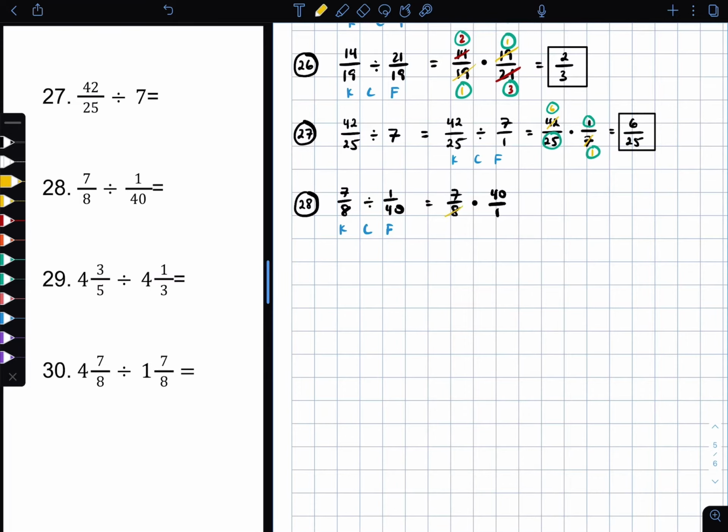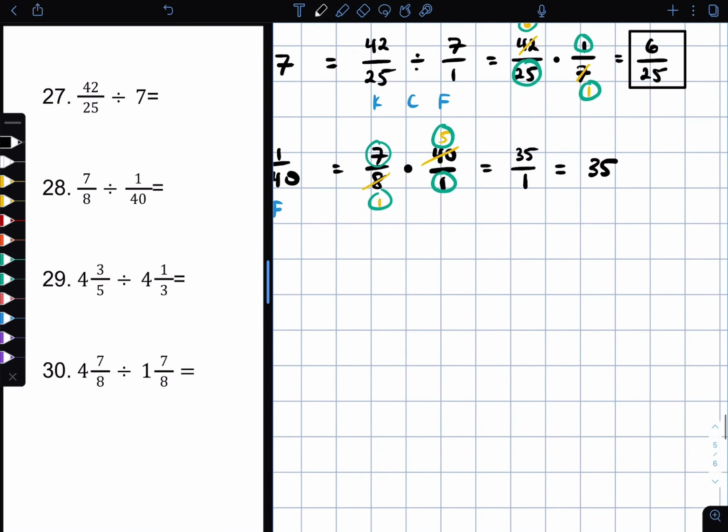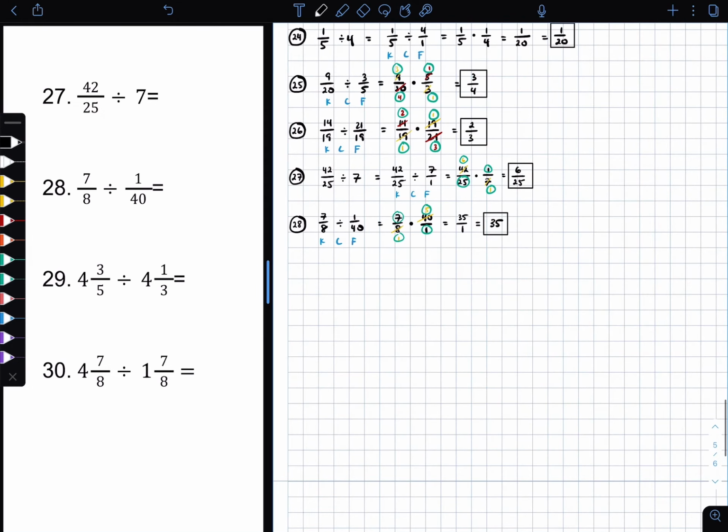We can cross cancel the 8 and 40, divide them both by 8 to get 1 and 5. And then 7 times 5 on top, and then 1 times 1 on bottom. 7 times 5 will be 35. 1 times 1 is 1. And so 35 would be the final solution. Whoops, that is a circle. Alright, cool. That's 28.